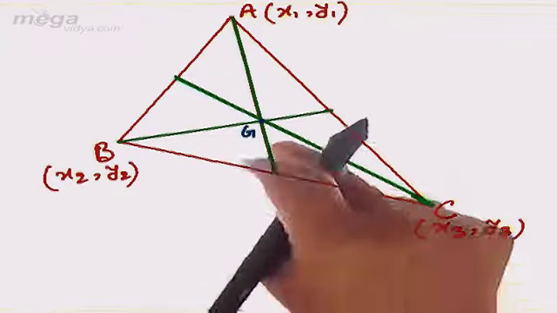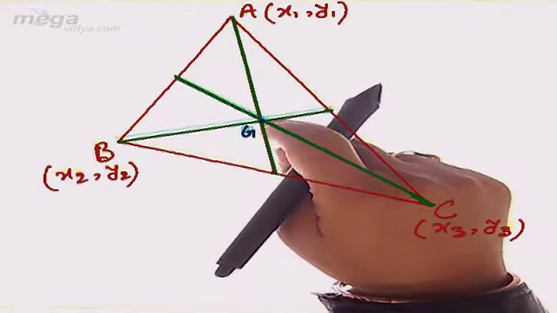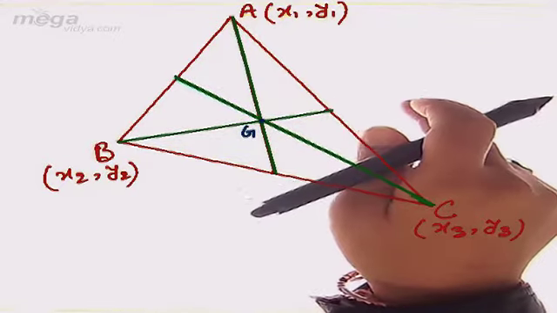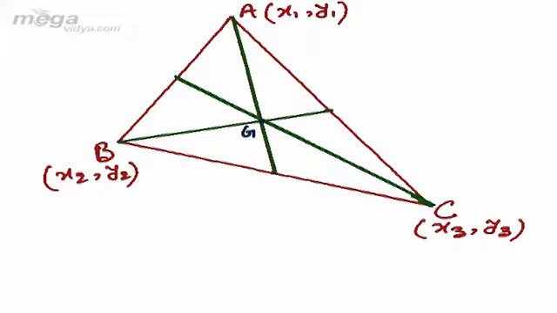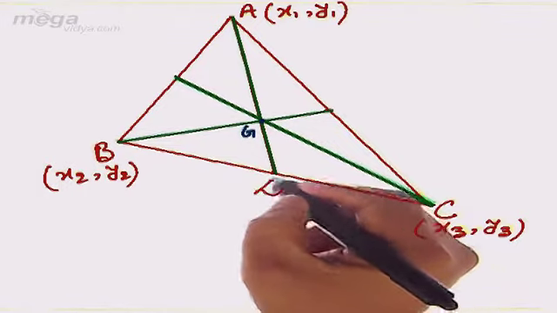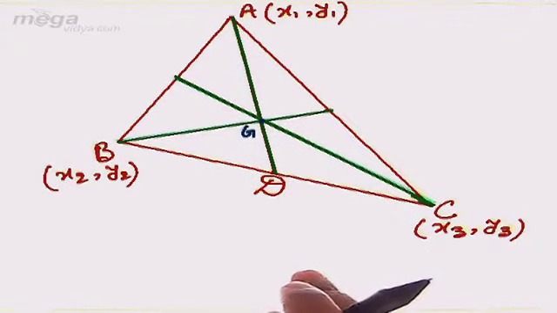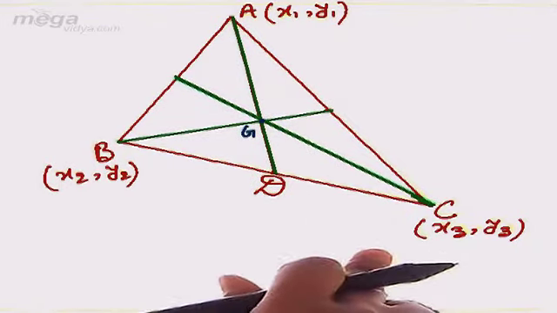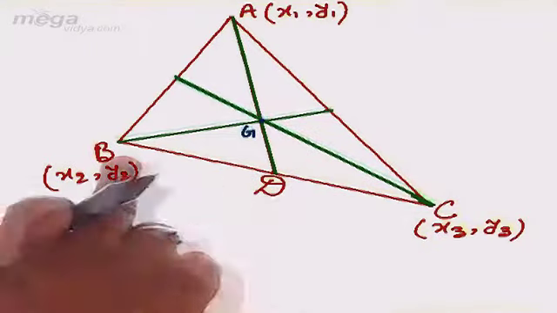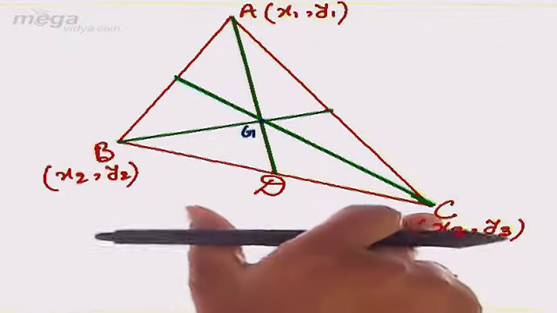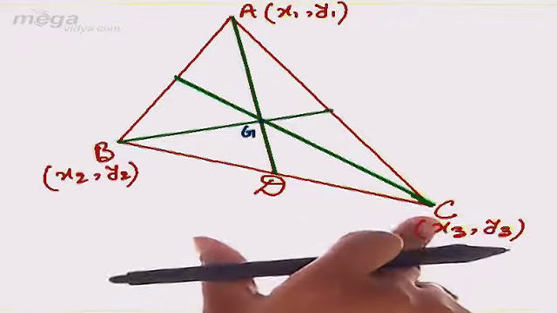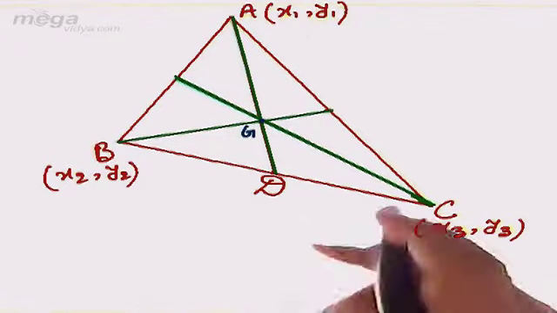According to the definition, the centroid is the point of intersection of the three medians. It means this line, suppose the name is D, so AD is a line which is the median of the triangle. It means AD divides BC, the side BC, in two equal halves.